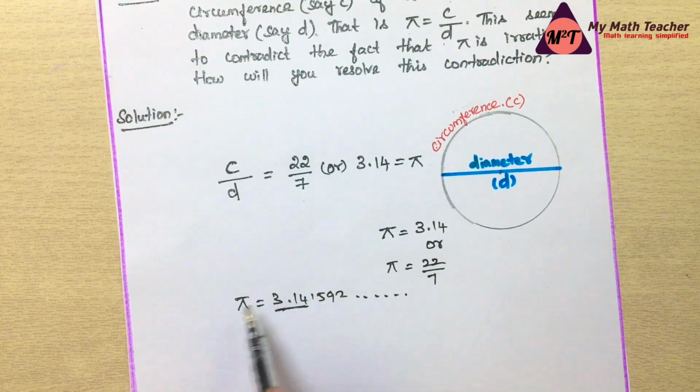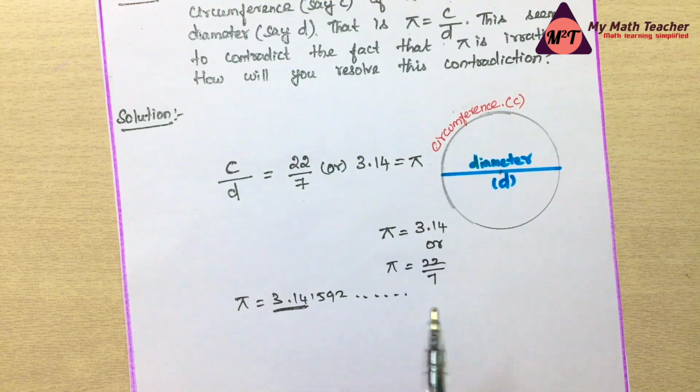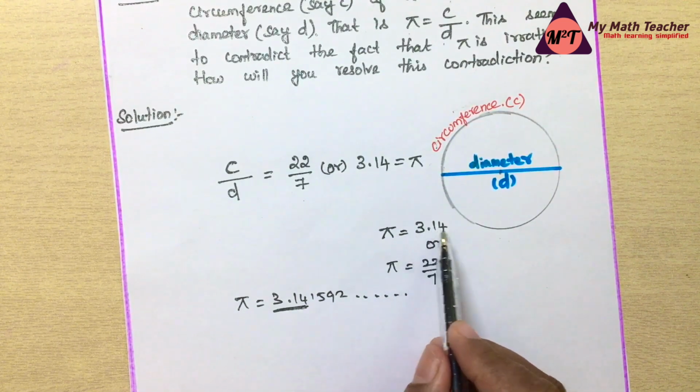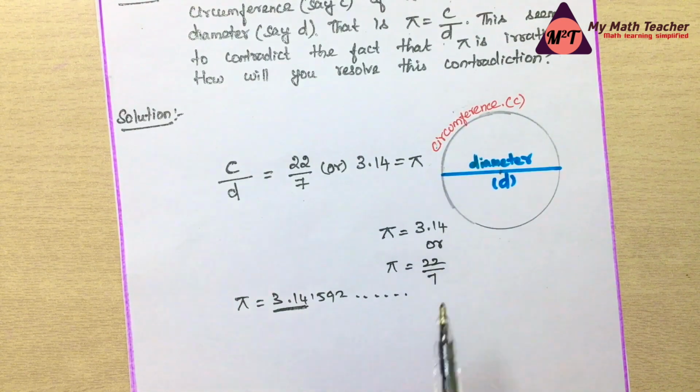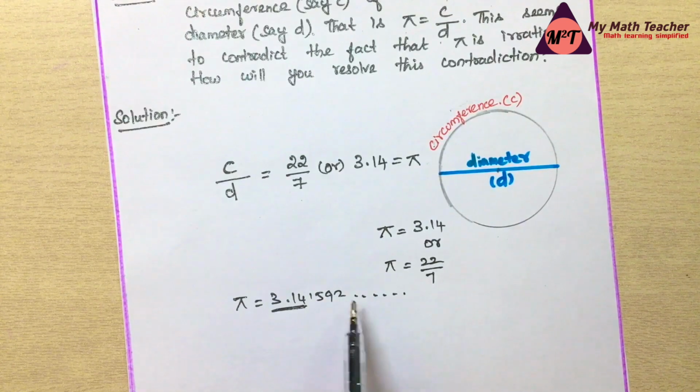As we know, pi's value will never come to an end, so we consider only 3.14 for our convenience. This is a very close value. For calculation convenience, we always consider pi value as 3.14 or 22 by 7, whereas in actual, pi value is non-terminating and non-repeating, which is irrational.